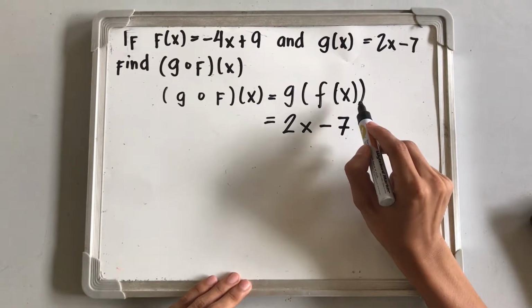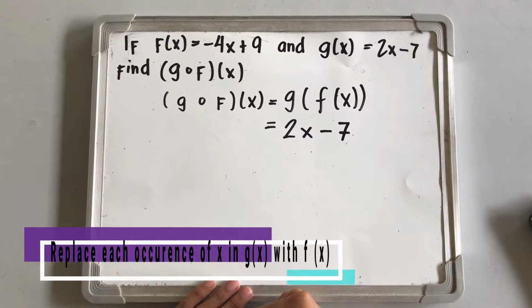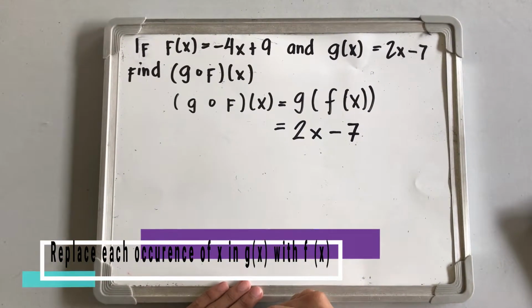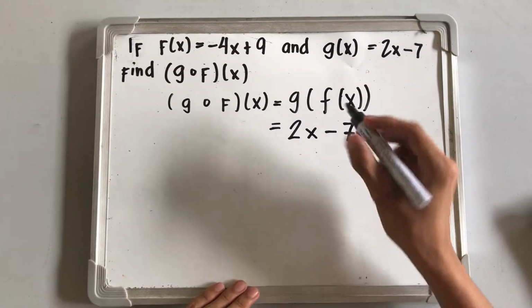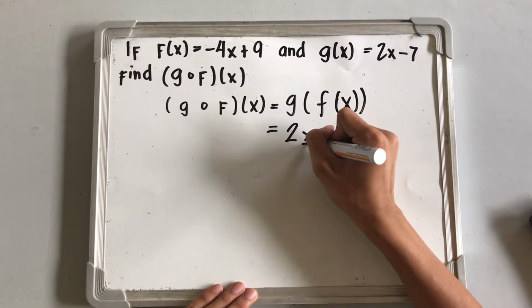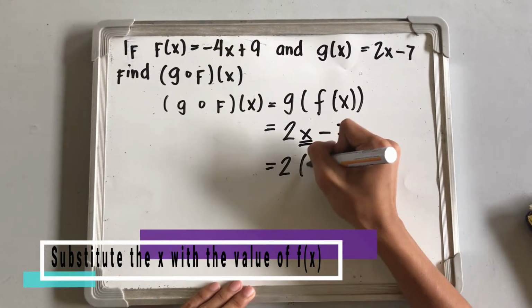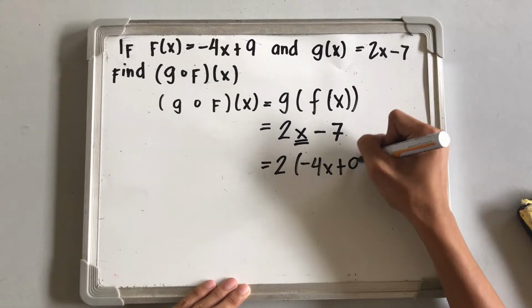After that, we will substitute the value of x in g(x) by the value of f(x). The value of g(x) is 2x minus 7. Now, we will substitute x by negative 4x plus 9, which is the value of f(x).